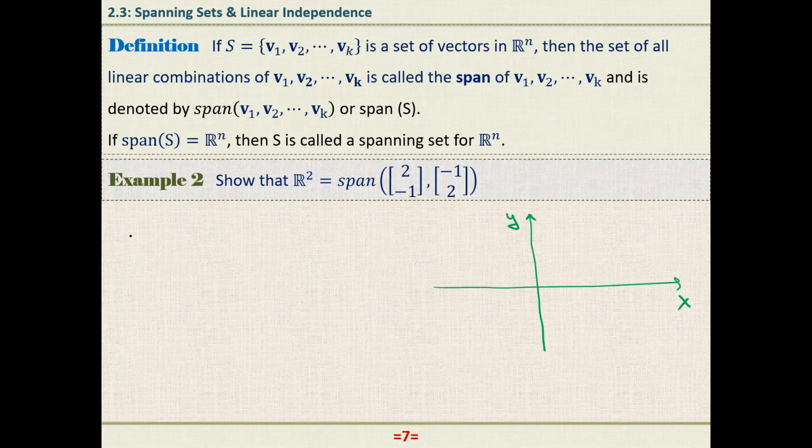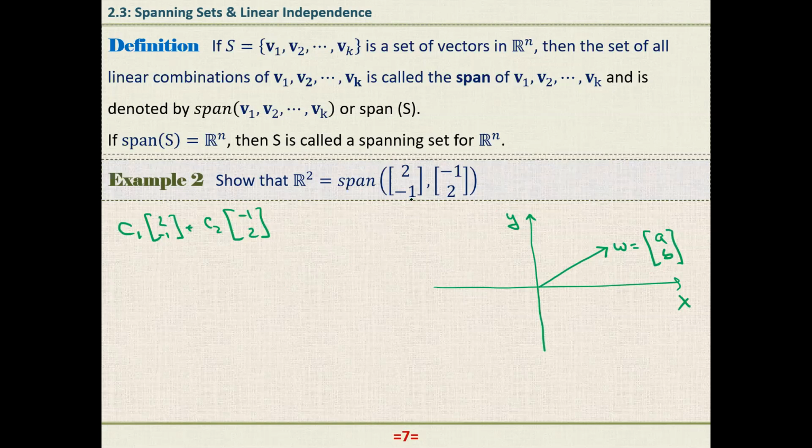These are, let's say, C1 times (2, -1) plus C2 times (-1, 2). So if you pick any vector in two-dimensional space, let's say W, whose coordinates are A and B, I'm saying that any vector here can be represented as a linear combination of these two vectors.